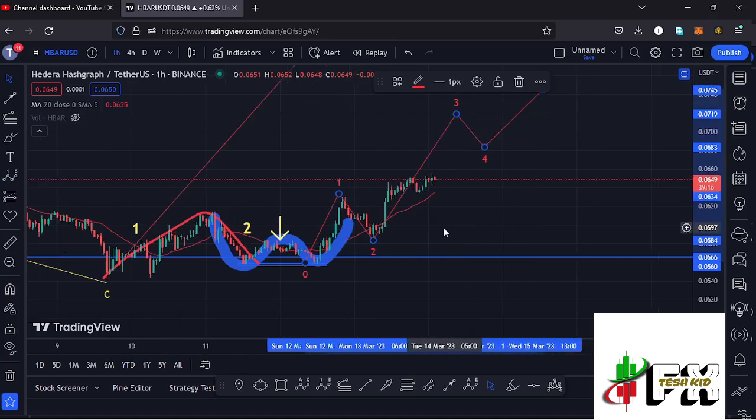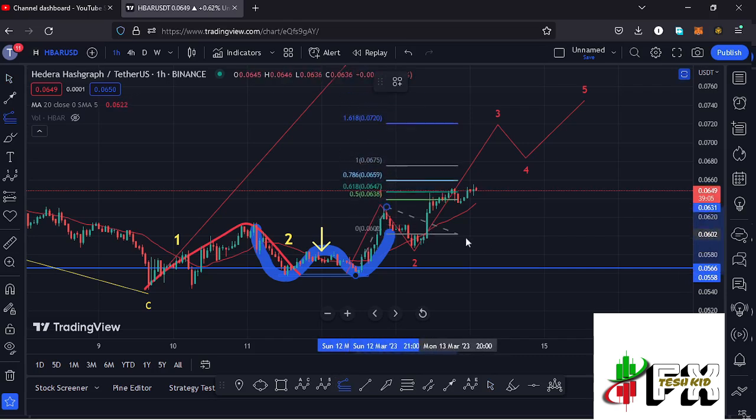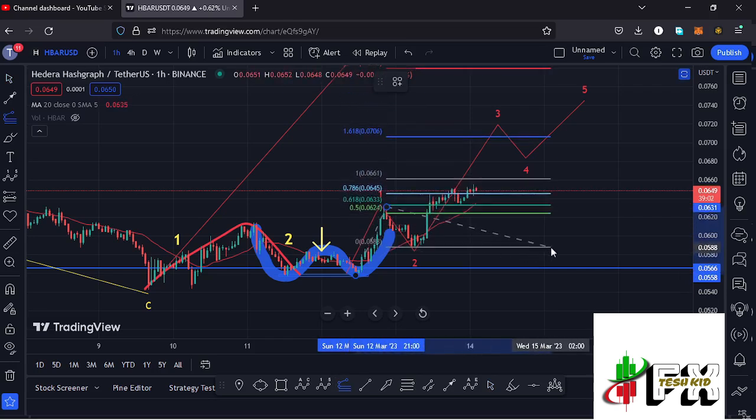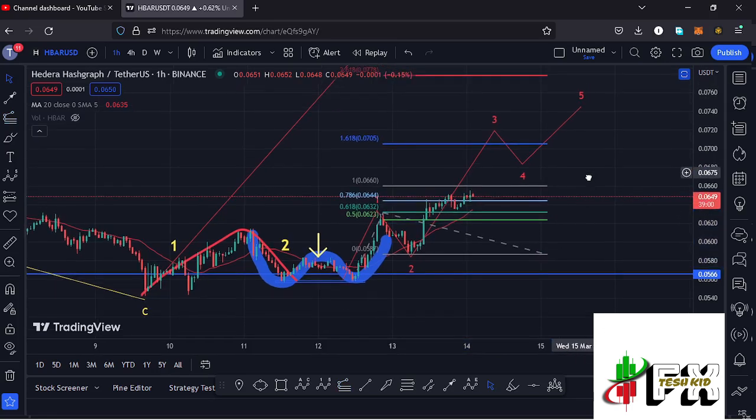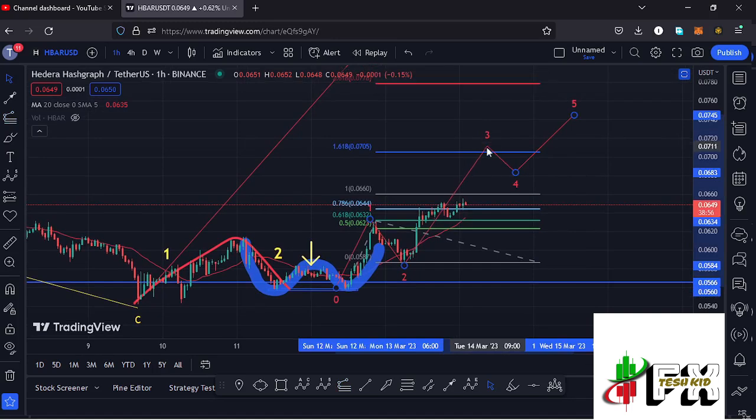And because we are in the formation of that wave 3, we can be able to sketch out a target area to the upside in the formation of that wave 3 by connecting the trend based Fibonacci from the low of the first wave to the high of that wave 1, then dragging the fibs to the low of the second wave, and that gives me a minimum target area to the upside in the formation of that wave 3 at the fib level 1.618, and that is at around the $0.0705 mark.